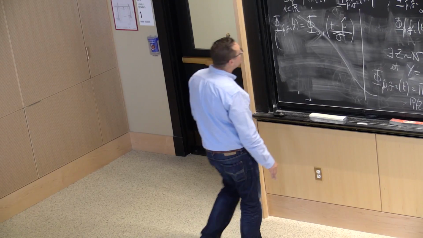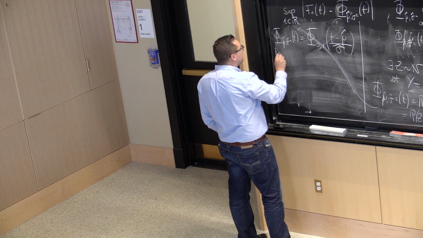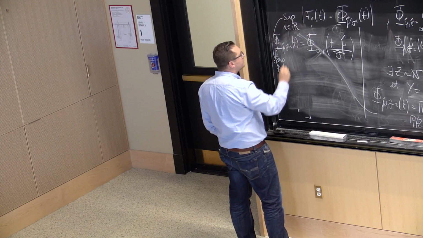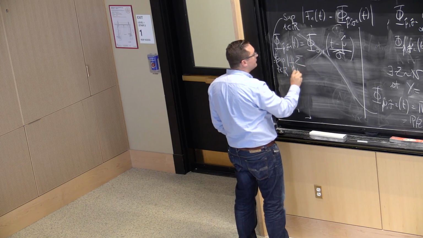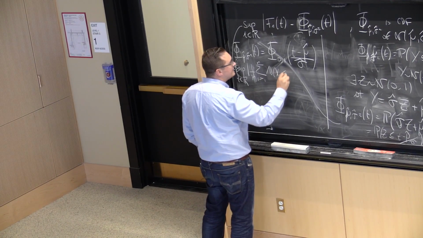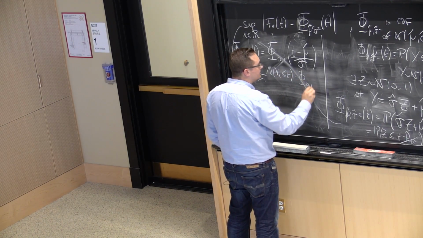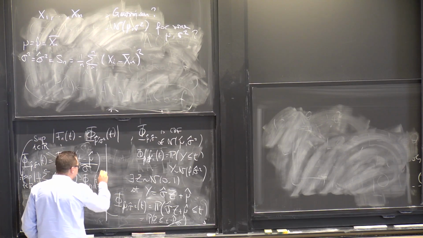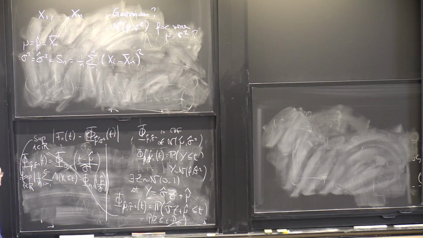All right, so now what I'm going to say is that, OK, I have this sup here. So what I can write is that this thing here is equal to the sup over t in R of 1 over n, let me write what Fn is, sum from i equals 1 to n of the indicator that xi is less than t, minus phi 0, 1 of t minus mu hat divided by sigma hat. OK?